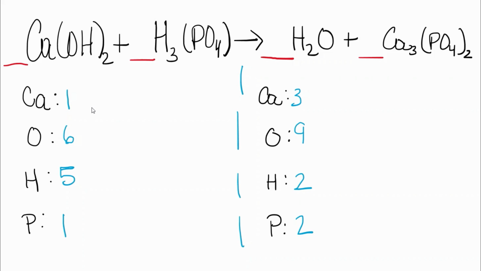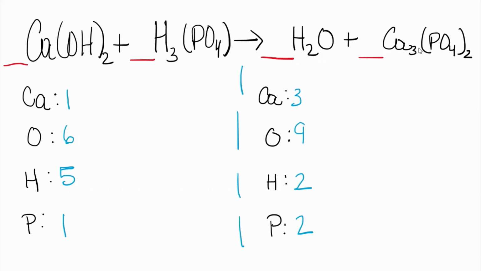Okay, so when you're going about balancing an equation that's non-trivial, sort of like this one is, you should try to make an educated guess as to how to balance the equation. So for me, I immediately noticed that you have 1 calcium in calcium hydroxide, and 1 phosphorus in phosphoric acid, right? But then on the other side of the equation, you have calcium phosphate, right?